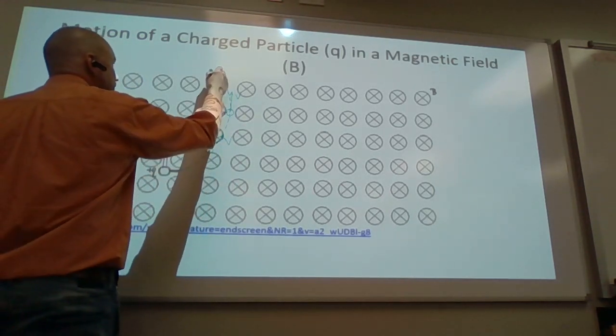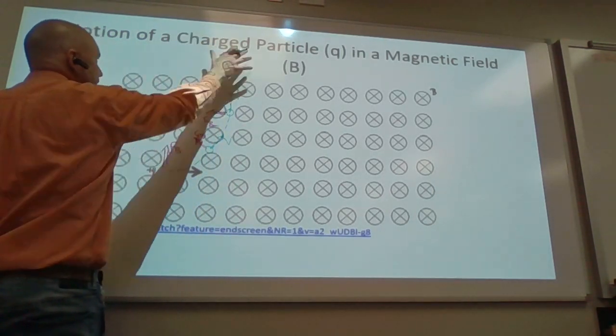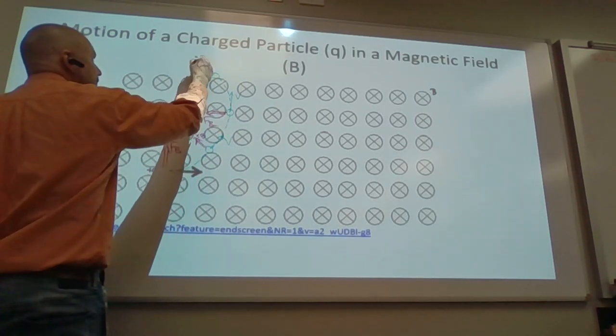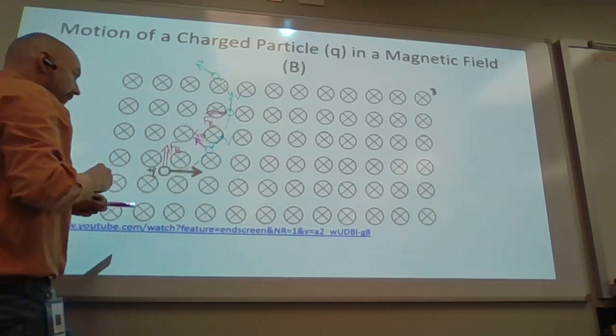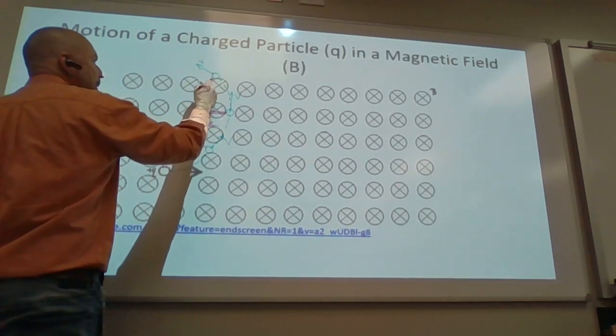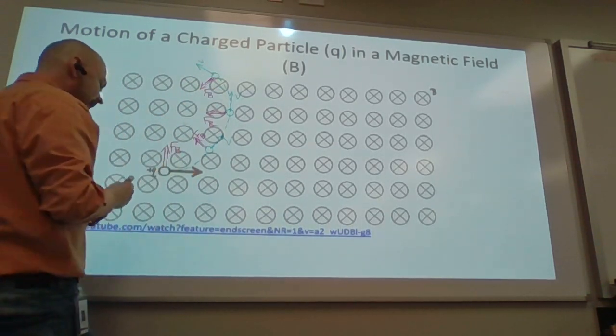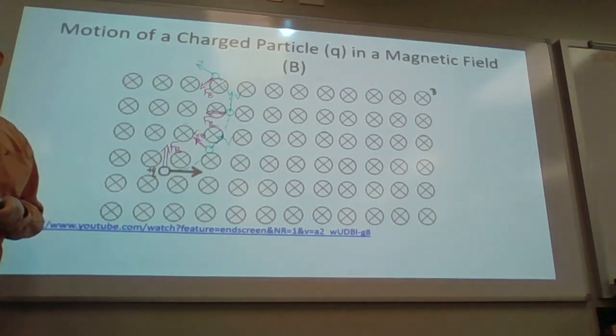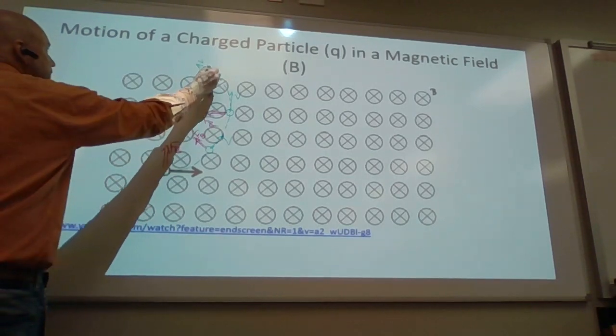And it's going to go, let's pretend there's a lot of magnetic field here. Which way is this going to be forced? As time goes on, and this magnetic field, let's say it was all over the place, how's this going to move? In a circle.